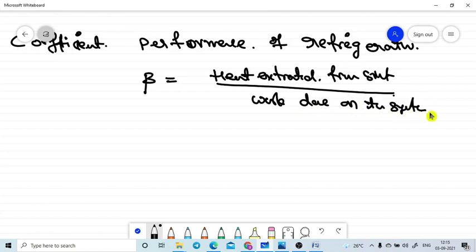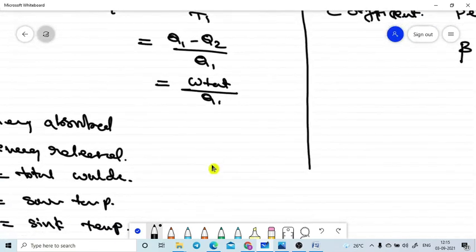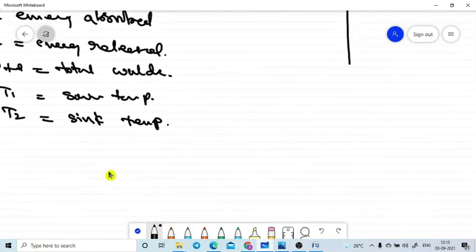In formula form, that is Q2 divided by total work on the system. You should be careful here, work is done on the system. Otherwise we have another formula, Q2 divided by Q1 minus Q2. This is the formula for beta. So let me fix this. Now the second law of thermodynamics.